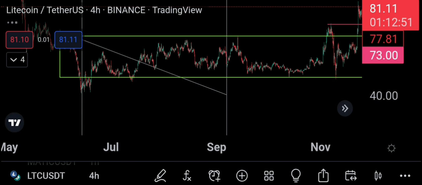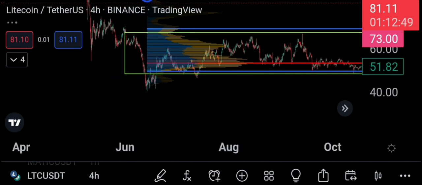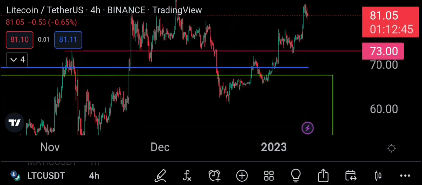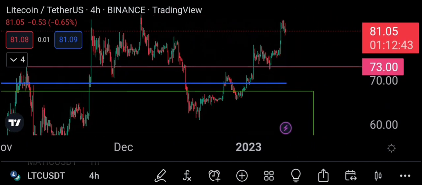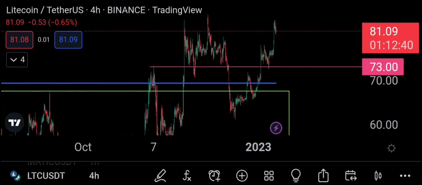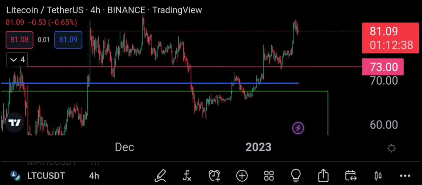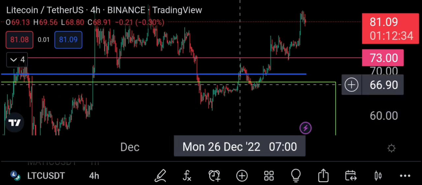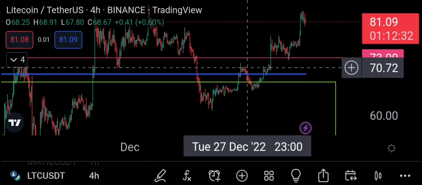Litecoin has had some pretty messy price action. I would rather just look at this wave count to the upside alone, assuming it's an impulse up. And if we say we started here, we had a 1 and we came up in a 2 all the way here.